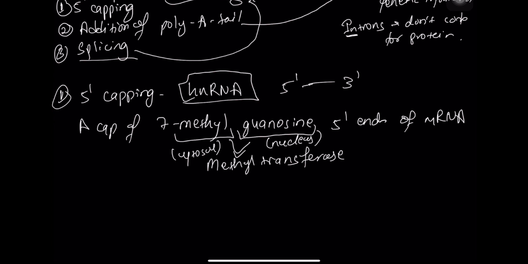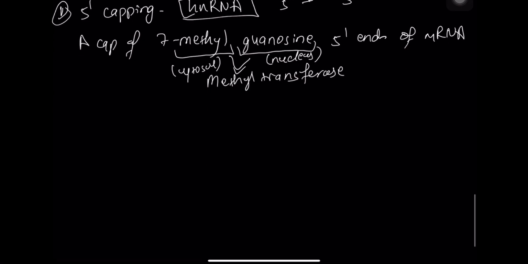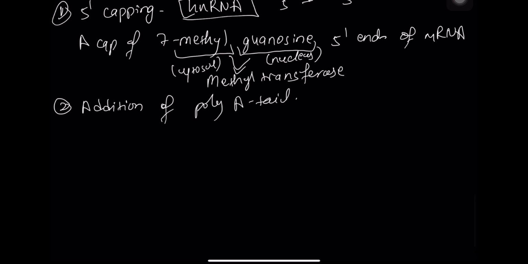So what is the function of this capping? The function of capping is to facilitate the initiation of translation and stabilize the RNA. Another is the addition of the poly-A tail. In this polyadenylation signal sequence, there will be addition of around 40 to 200 adenine nucleotides.